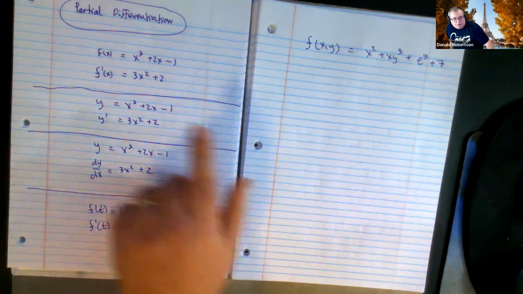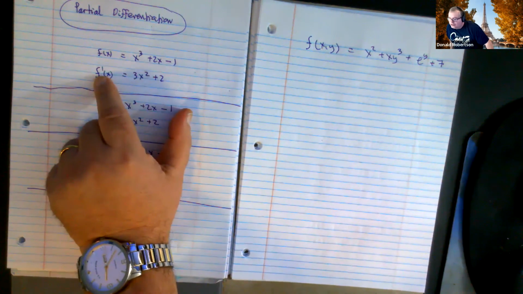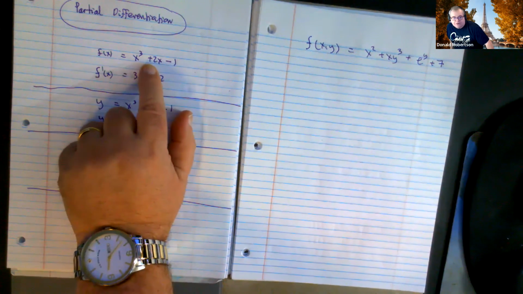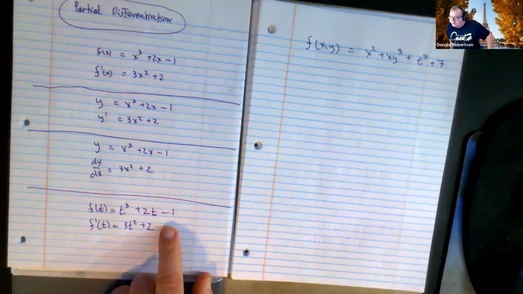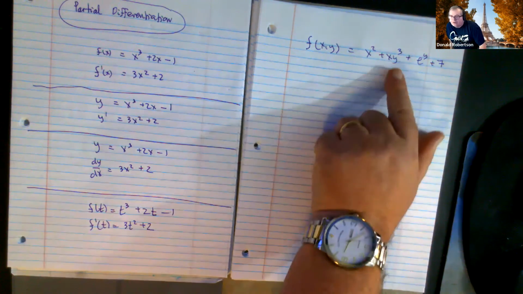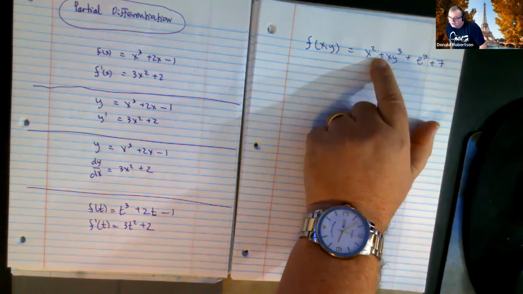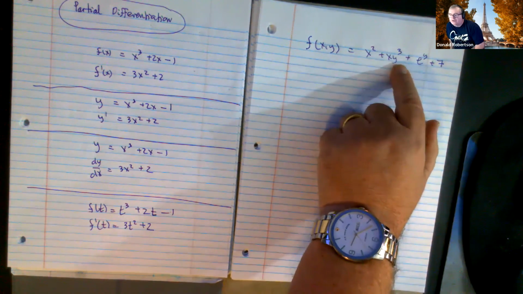When we were in Calc 1, wasn't x the variable and y the dependent, right? So you knew who the variable was, it was x. And you could only differentiate on x's or t's. Can you see now that there are two variables? Each one is just as valid as a variable as the other, right? X squared and y cubed, x's and y's are both variables.